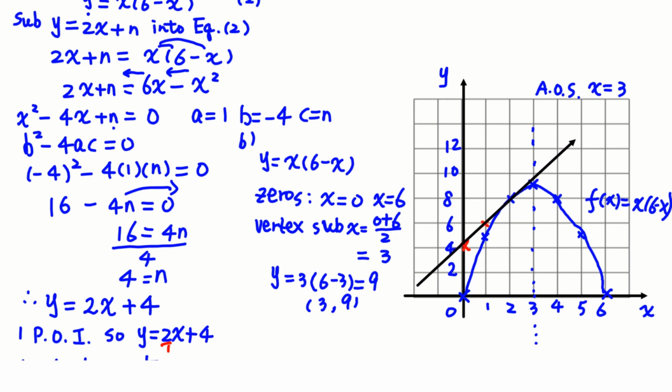Okay, so this is the equation of the line y equals 2x plus 4. And you will see you have one point of intersection.